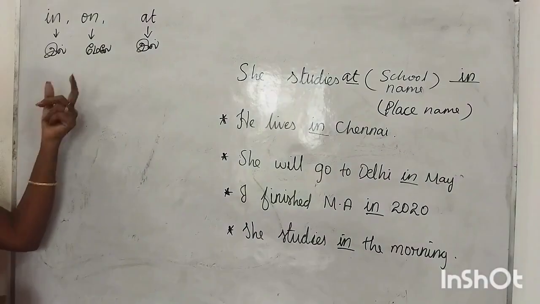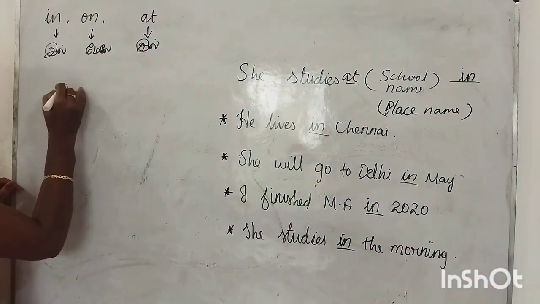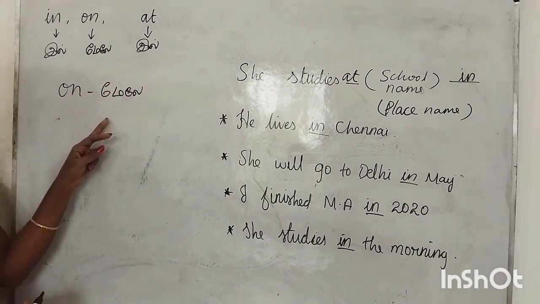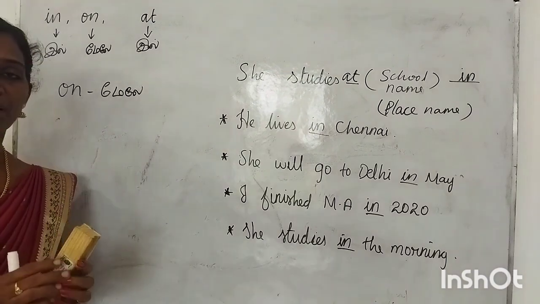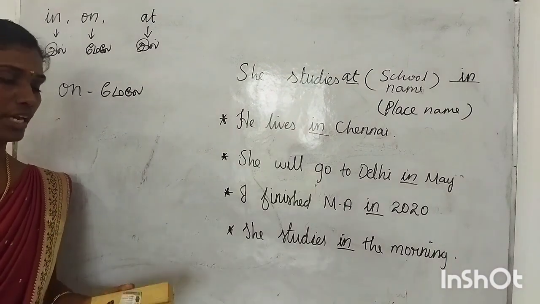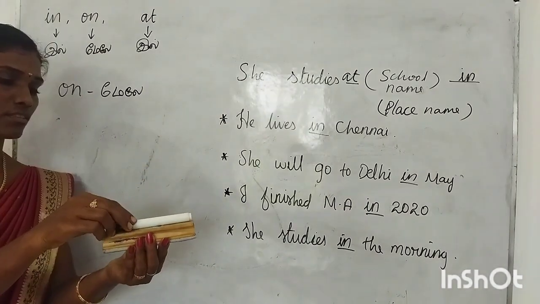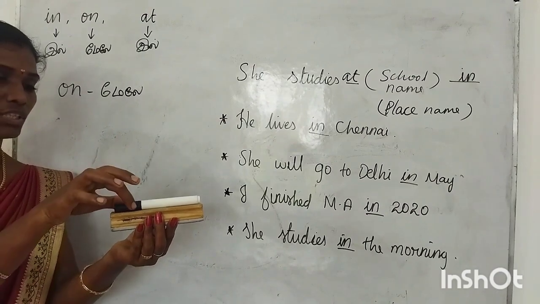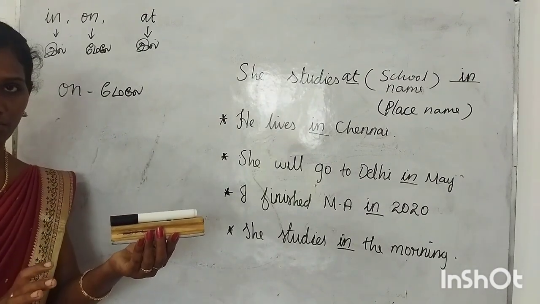Next, where can we use the preposition on? The first use is when one thing rests on another. Example: this is the duster, and on this there is one thing. This thing is at rest, not functioning.